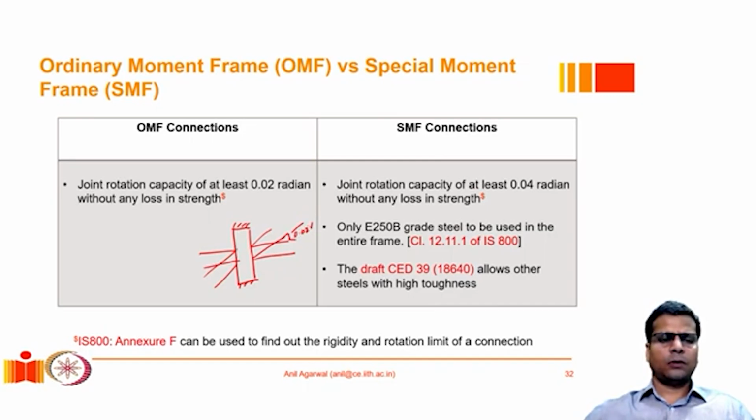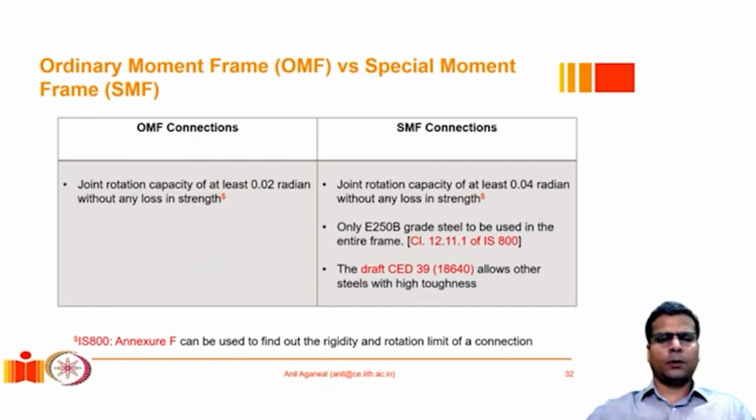So this would be undergoing a kind of elastic or plastic deformation of 2%, which is basically 2% of the story height. So that is the level of plastic deformation or overall deformation it should be able to accommodate.